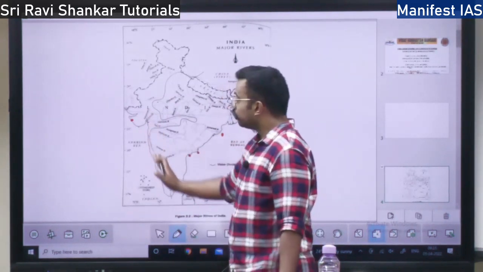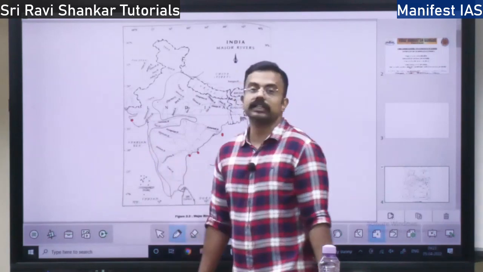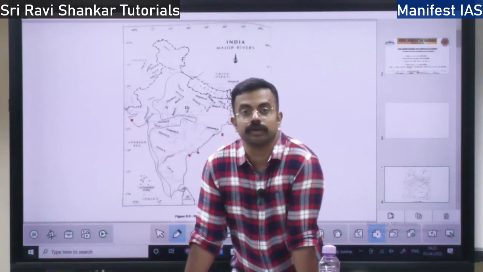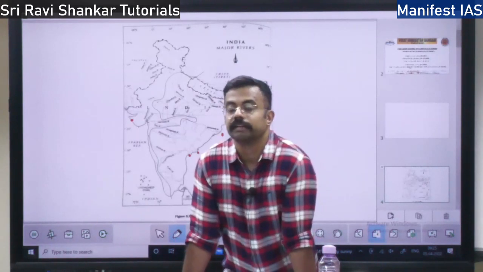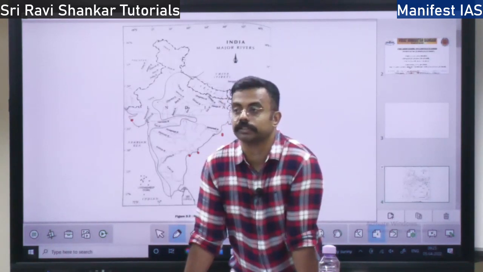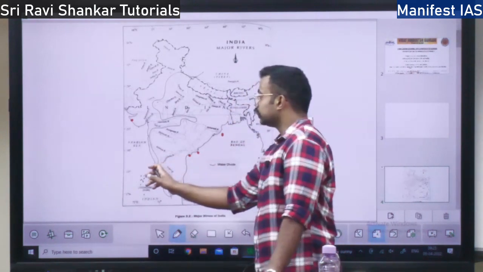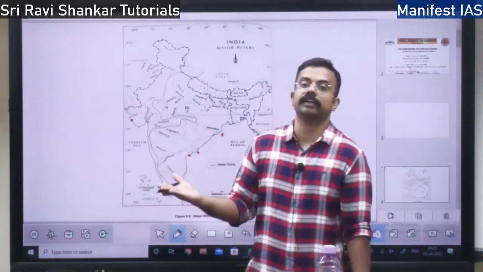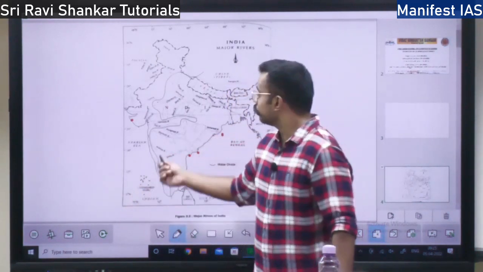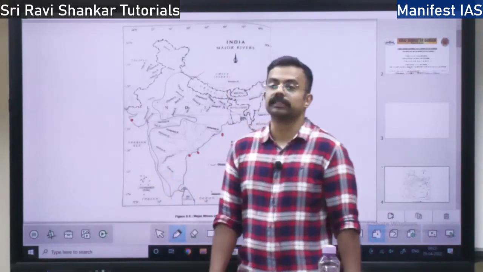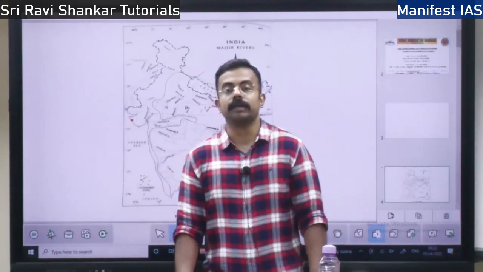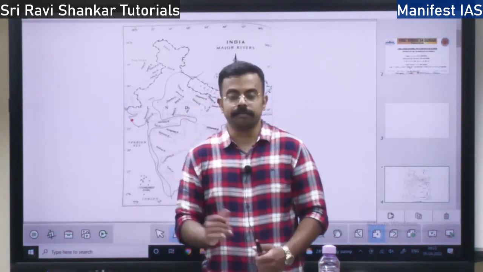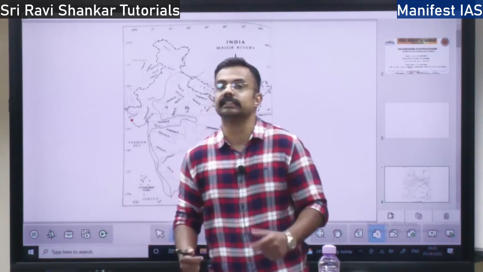If there is a continental shelf, there is very less probability of natural harbors, because ships cannot enter easily. Continental shelf has shallow waters, whereas here you find a lot of natural harbors. Natural harbors are formed naturally, without human intervention. The ships can easily enter and exit these harbors.